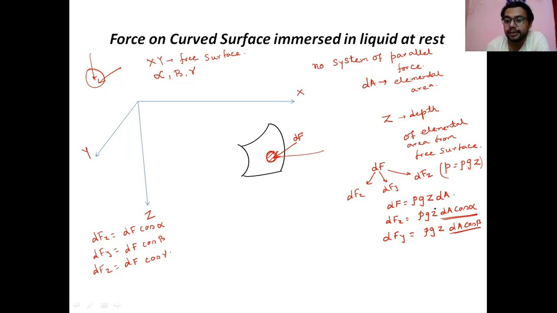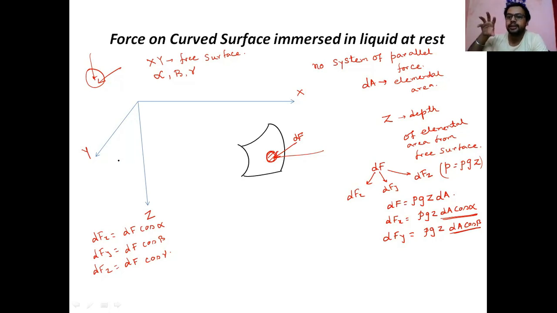If you project any area on a plane, it will be in this way. If you project some area over a plane, it will come under the cos component of the corresponding angle. This area makes an angle alpha with the x-axis.